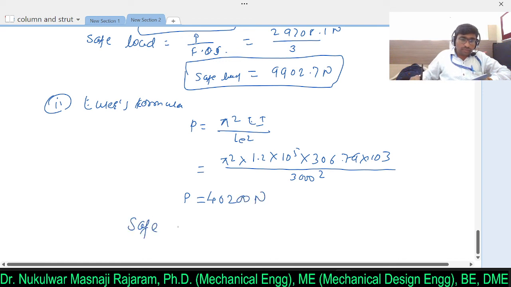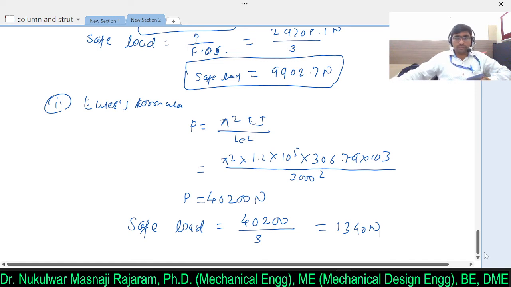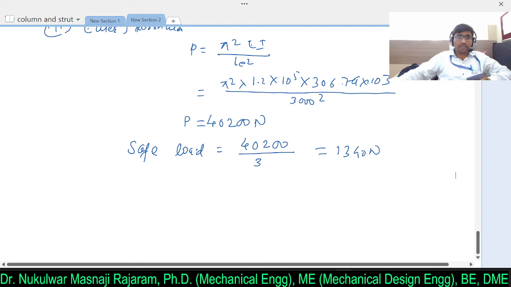And if I want to evaluate the safe load by Euler's formula, that is equal to the crippling load divided by factor of safety, which is 3. Now if you do the calculation, it will be equal to 13401.340 Newton. Clear?